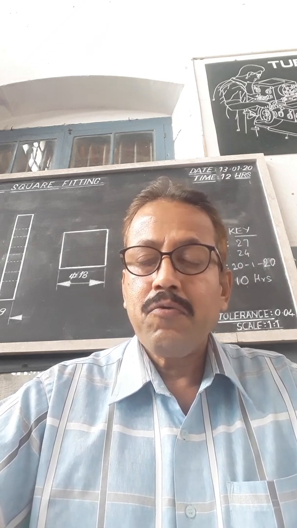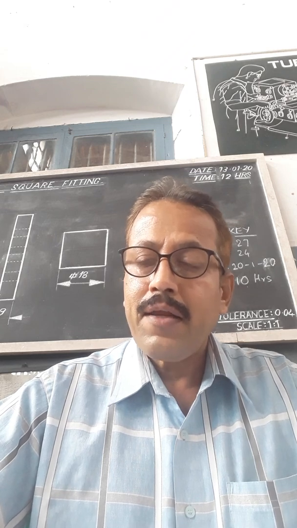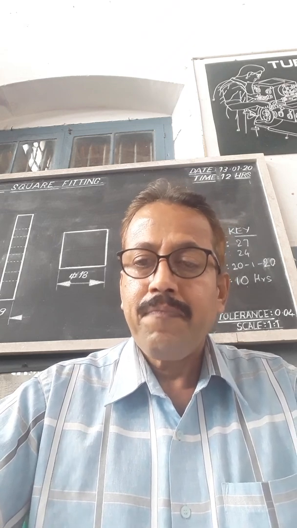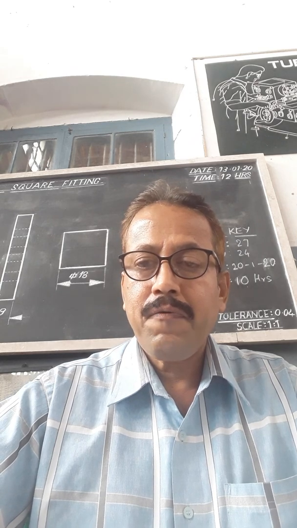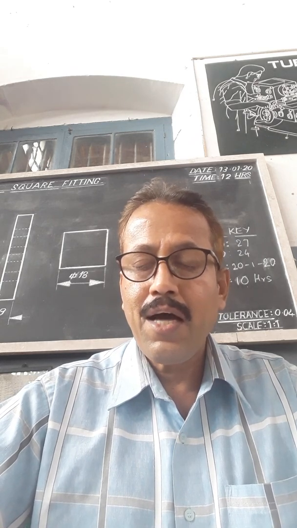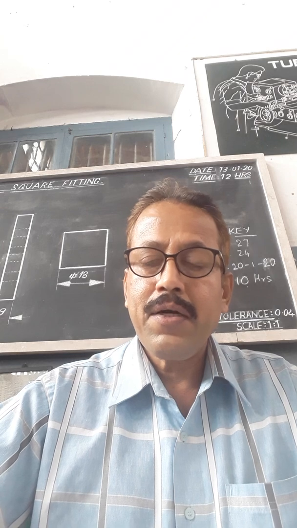After that, the next digits after the decimal, two digits and then one digit, and finally the full size of the slip gauges are selected as per the calculation, and then we build up the size.